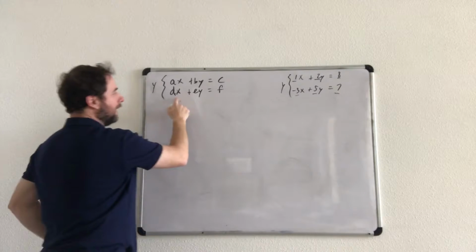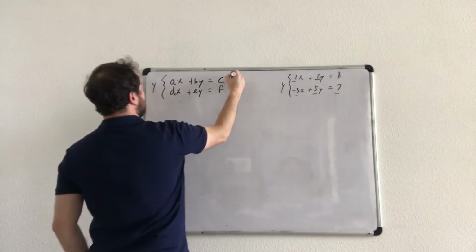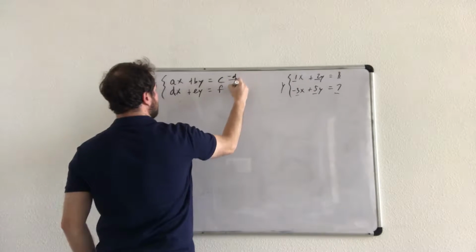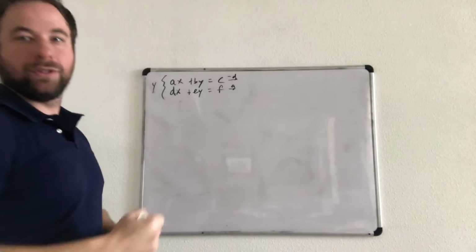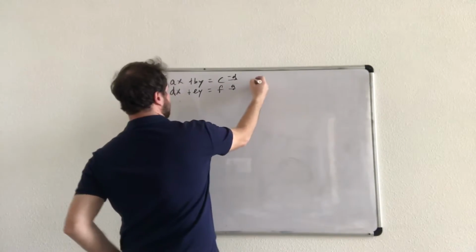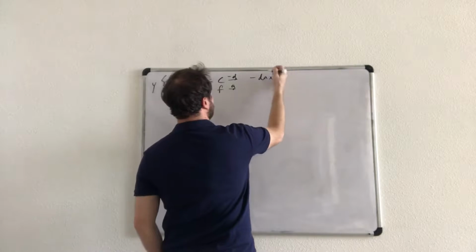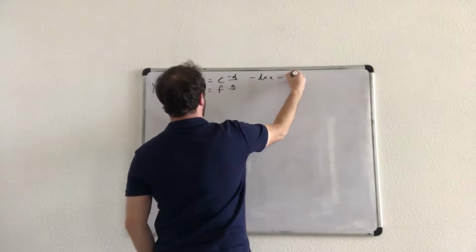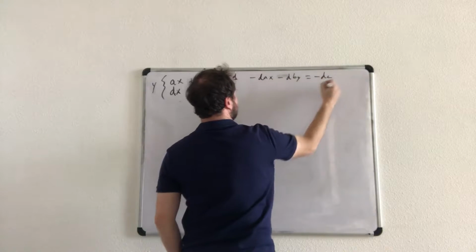In order to eliminate x, I'm going to multiply this top one by negative d and this bottom one by a. Whenever we do that, we're going to get negative dax plus negative dby equals negative dc.